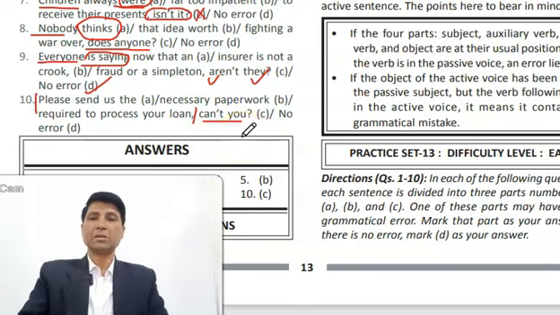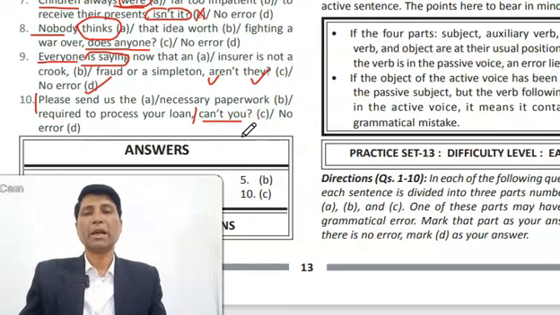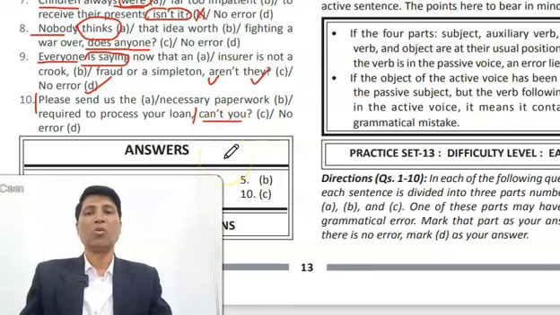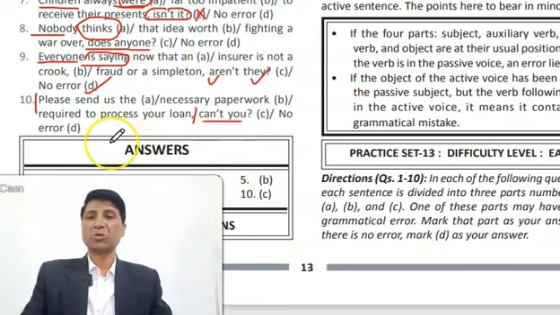We have already studied that if the main statement is an imperative sentence which is positive, the tag should be either positive or negative, but by using will or shall. So in place of can't you, it should be will you, or it can also be won't you. So the correct answer will be, please send us the necessary paperwork required to process your loan. Will you or won't you?